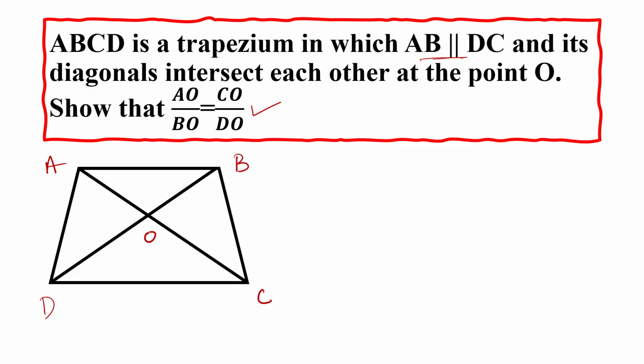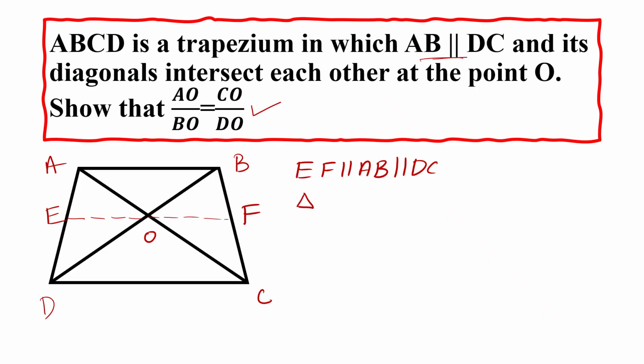To prove this, I am going to draw a line EF which is parallel to AB passing through O. Let me just draw the line. This line is EF, so it is obviously parallel to AB. Here EF is parallel to AB, which is parallel to DC, so it will be parallel to both AB and DC as well.